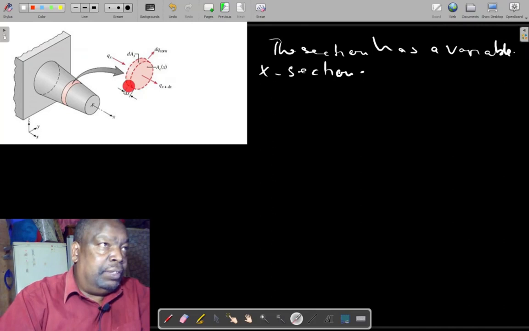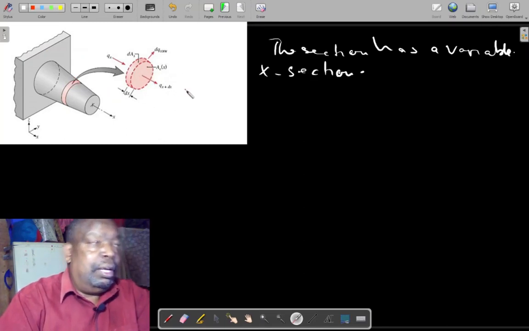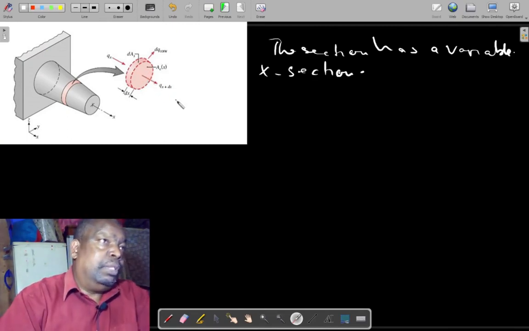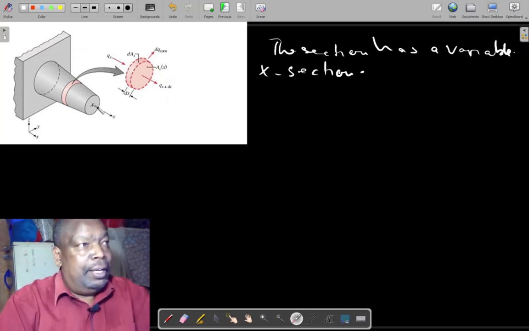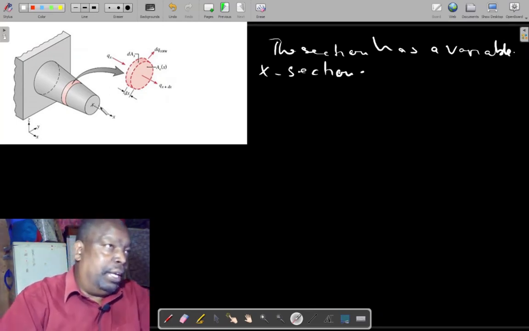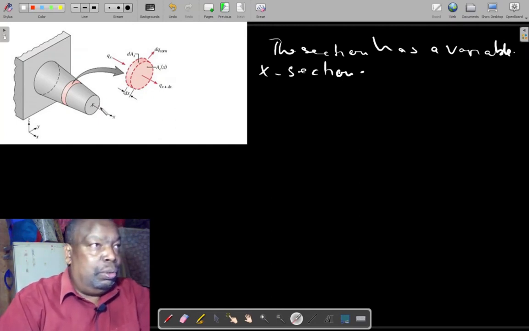This is the surface area from which heat will be transferred by convection to the atmosphere or to the surroundings. There will be heat flow by conduction from the body into the control volume, and some heat outflow from the control volume to the rest of the fin, and to the atmosphere or to the surroundings.